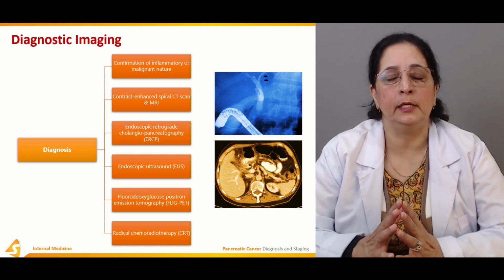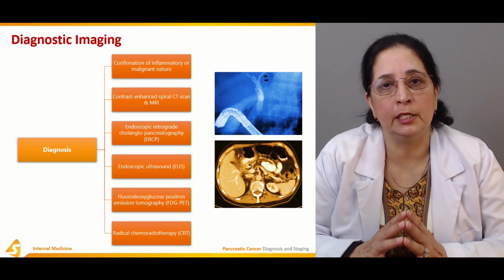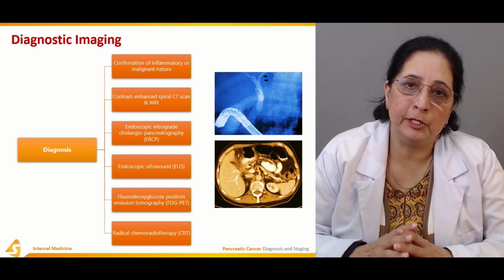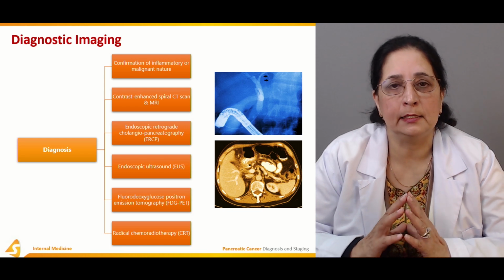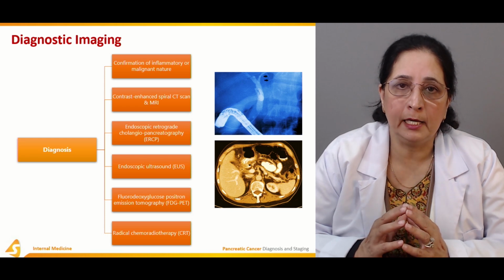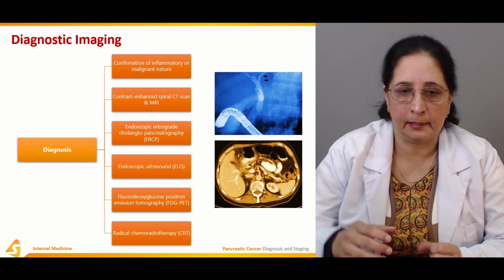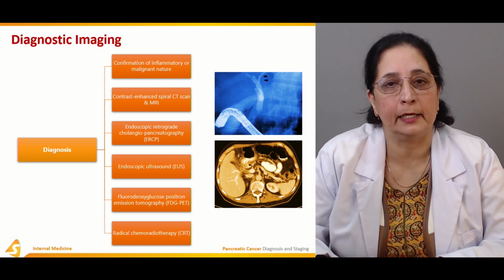So these are all the diagnostic steps for differentiating between the inflammatory condition and malignancy, and early diagnosis of these conditions is very helpful for the treatment options and methods that can be tried.